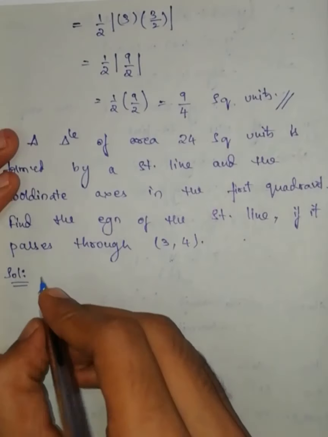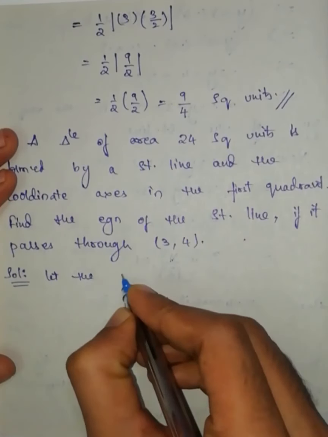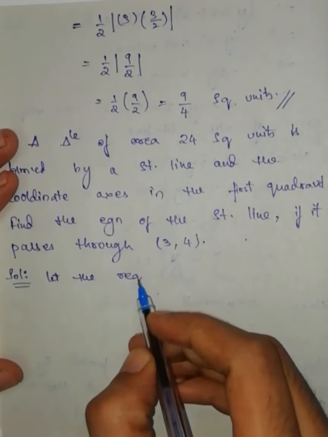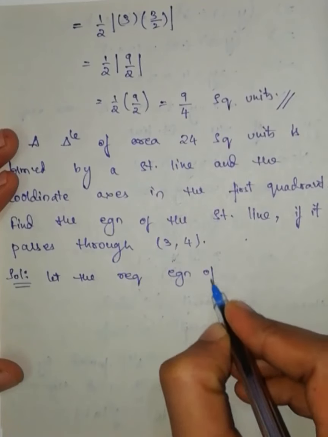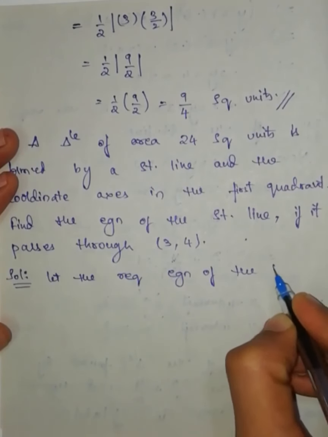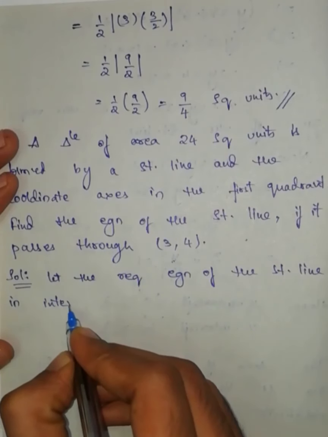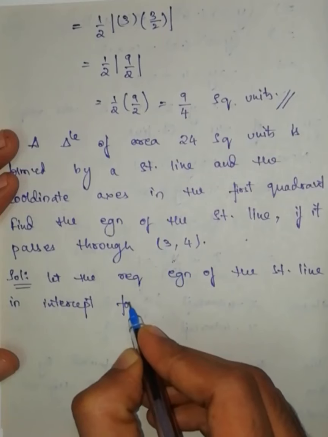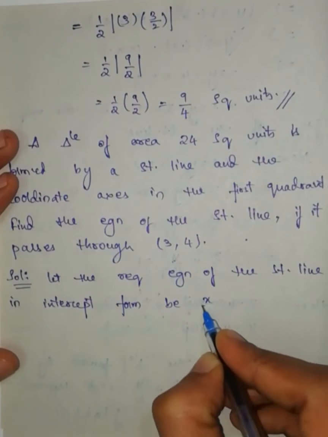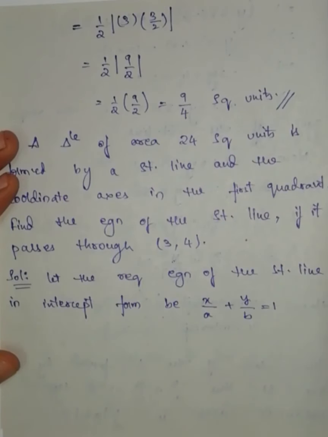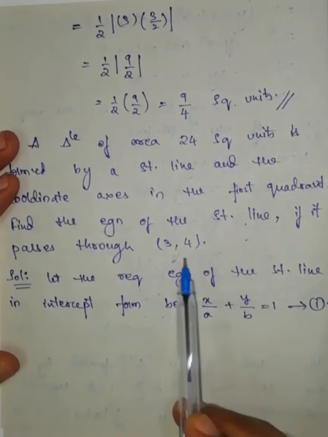So let the required equation of the straight line in intercept form be x by a plus y by b is equal to 1. Equation number 1.